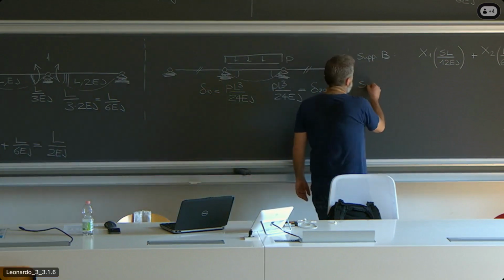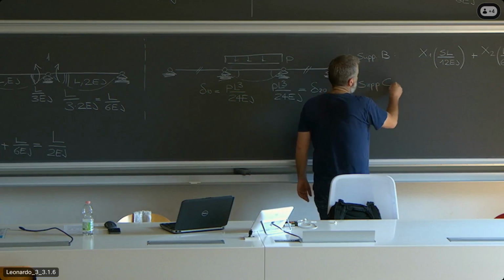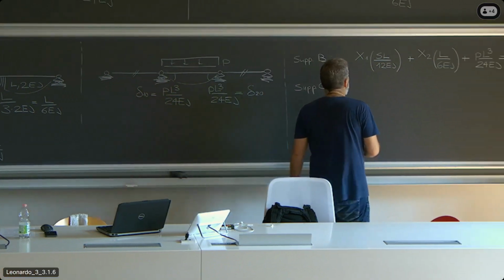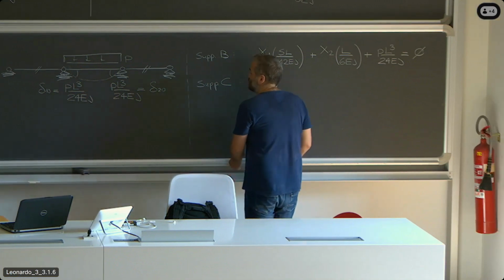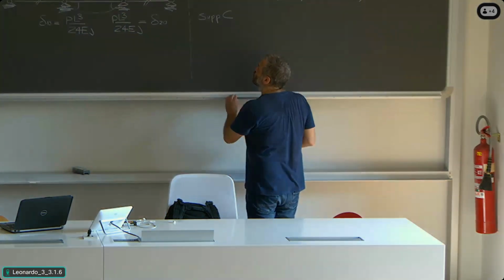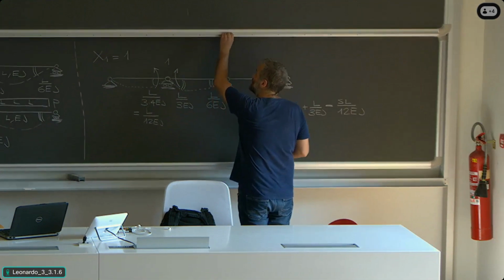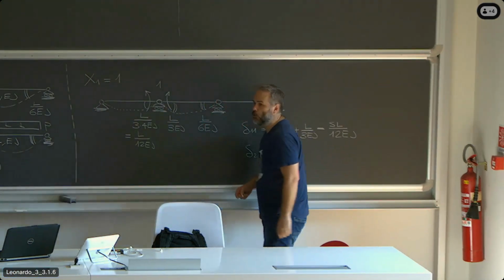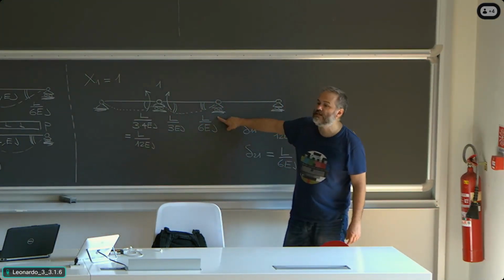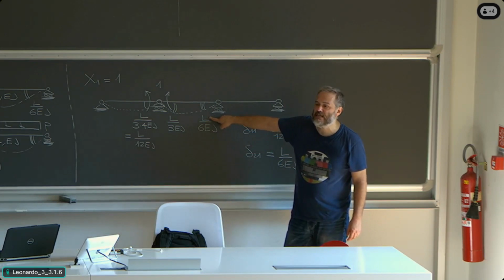What happens at support C? What is the relative rotation caused at support C by moment x1? You can see it here. L divided by 6 EJ.